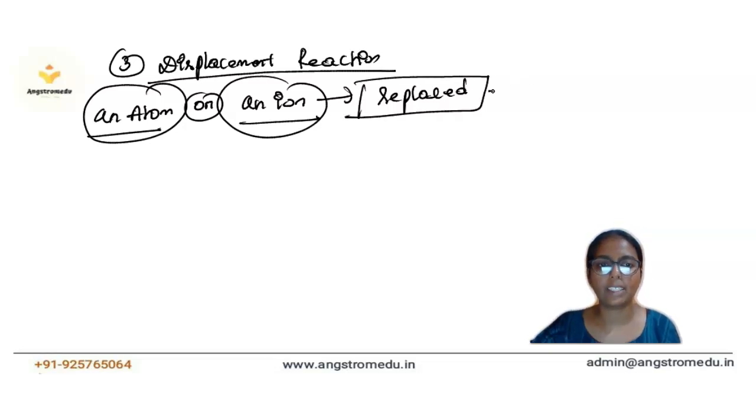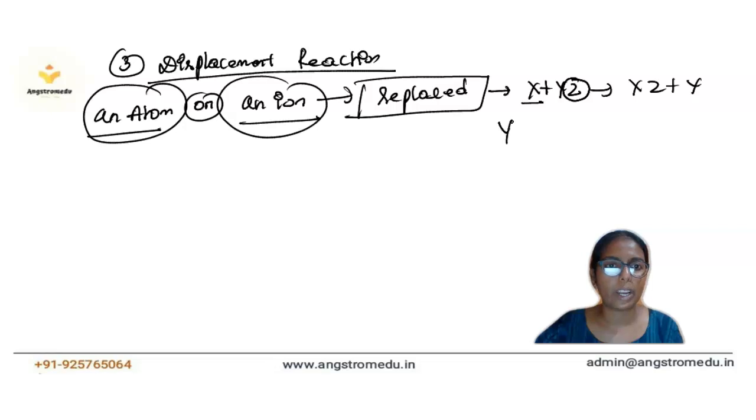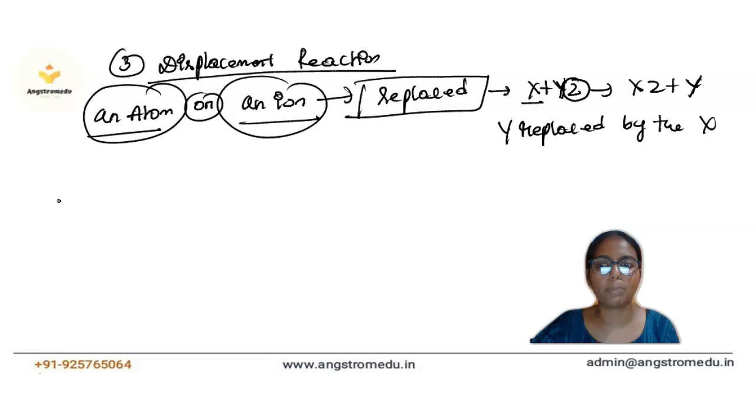We represent that in a general form like this: X plus YZ gives rise to XZ plus Y. So here Z attaches to the X. It means that Y is replaced by the X. So this is the general reaction for the displacement reaction.